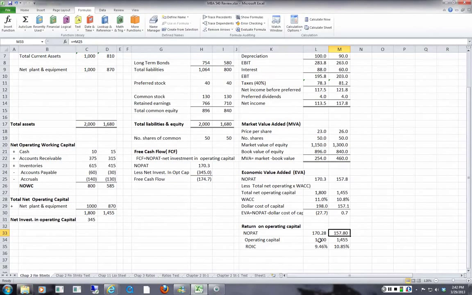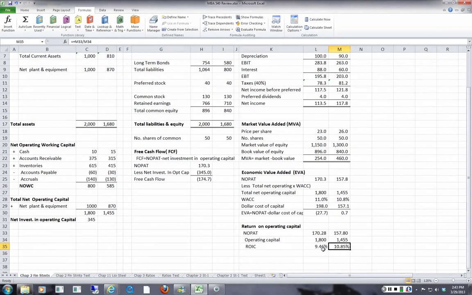That's going to be divided by this 1,800 or 1,800,000, and we come up with an ROIC, a return on operating capital, because the operating capital is that $1,800. So our ROIC is 9.46 for 2010 and 10.85 for 2009.